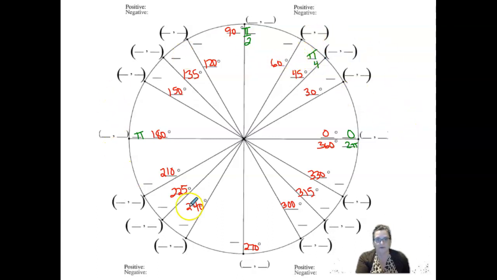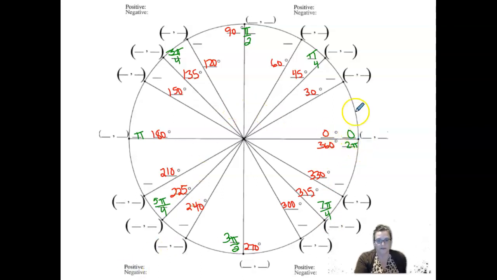So counting in increments of pi over 4, this is 1 pi over 4, 2 pi over 4, 3 pi over 4, 4 pi over 4, 5 pi over 4, 6 pi over 4, which reduces to 3 pi over 2, 7 pi over 4, and then 8 pi over 4, which reduces to 2 pi.